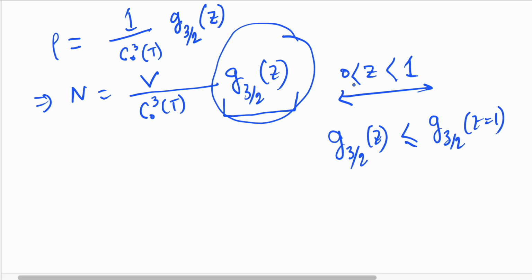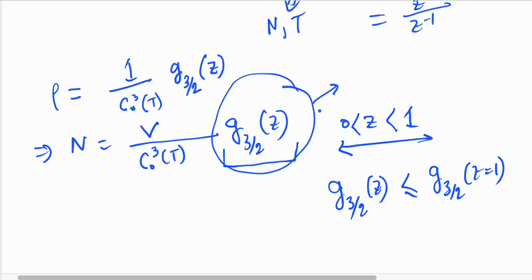So at z equal to 1 this function has a maximum. The ground state contribution will be n0, and these terms will be maximum at z equal to 1.